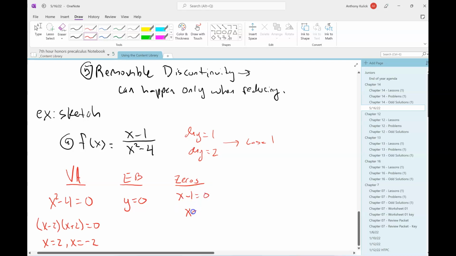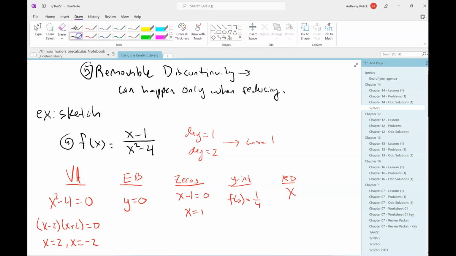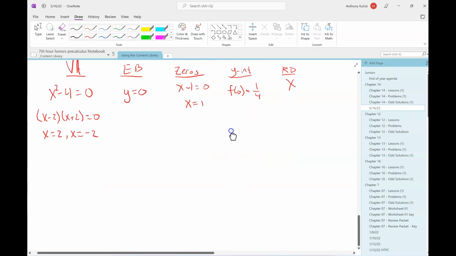Zeros, we set the numerator equal to 0. The y-intercept, we plug in 0. And since there's no reducing, there's no removable discontinuity possible. We all feel good so far? Me too. Ew. That's not what I expected.